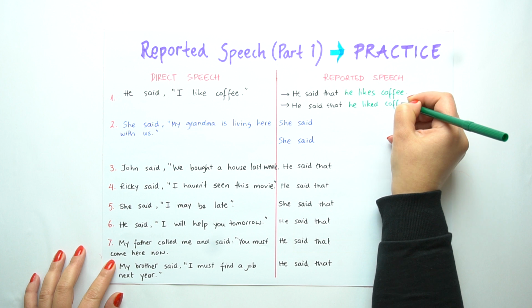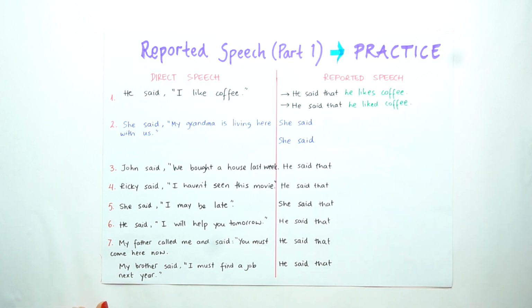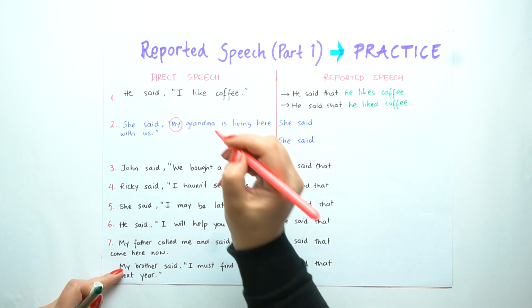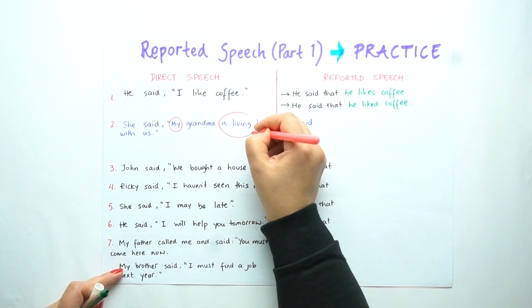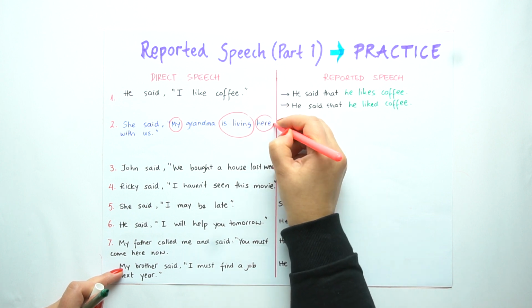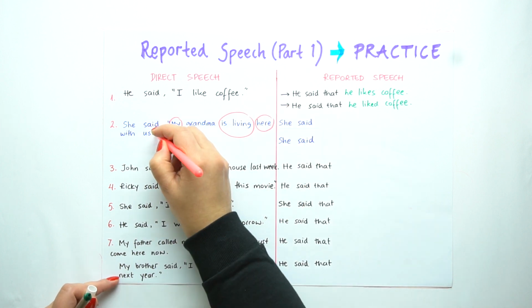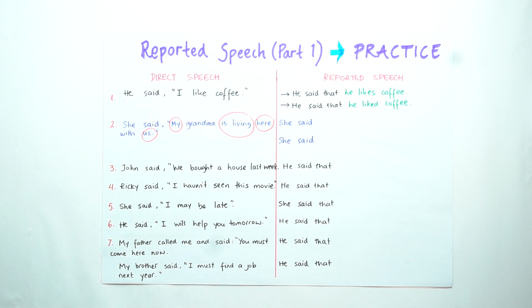liked coffee. She said, my grandma is living here with us. Remember, what are we going to change in this sentence? It is my grandma, the tense, and the place and the pronoun. Alright?